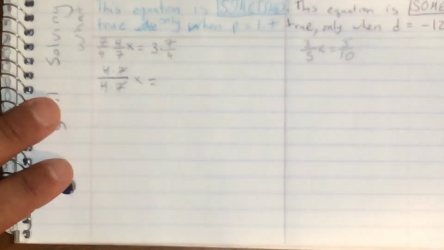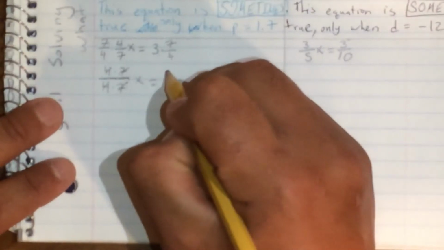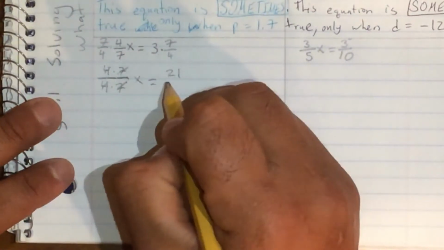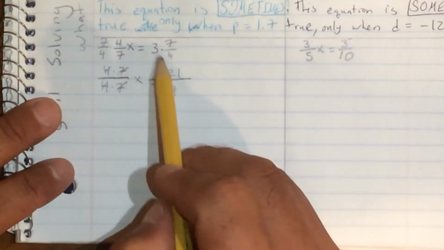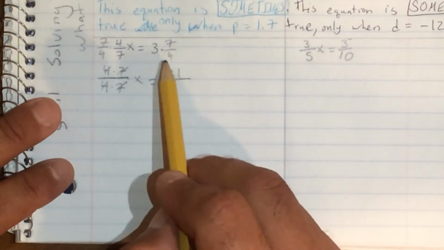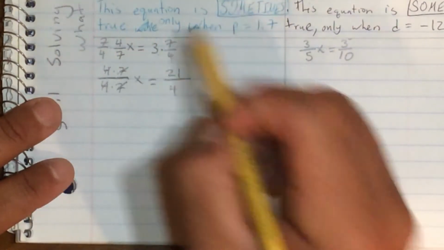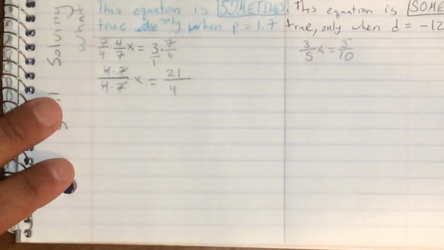So this is going to be equal to, now we have 3 times 7, which is 21. And we're going to go over 4, because we don't need to multiply the 4, since it can only multiply to 1. If this was 3 over 3, then we multiply to both. But since it's just 3, technically this is 3 over 1. So it would be 3 times 7 and then 1 times 4.